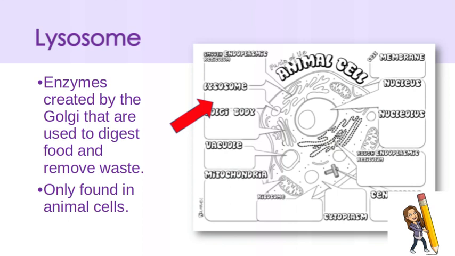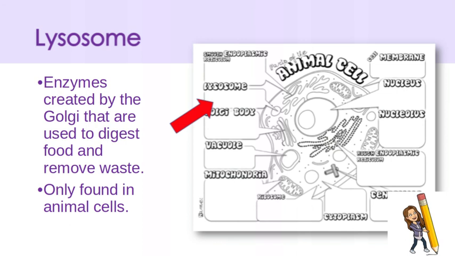Lysosomes. A lysosome is where enzymes created by the Golgi body are used to digest food and remove waste. These are only found in animal cells, or at least, again, typically an animal cell thing.